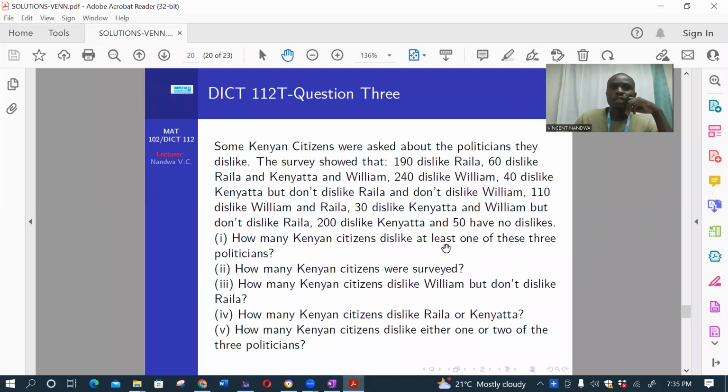How many Kenyan citizens dislike at least one of these three politicians? At least one means you should be somewhere within the circles.